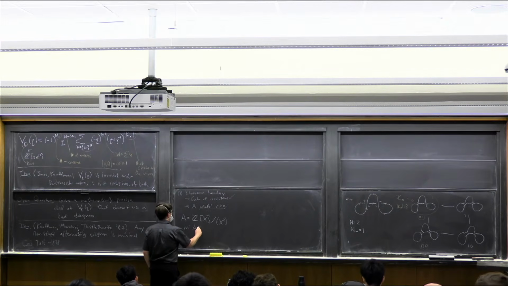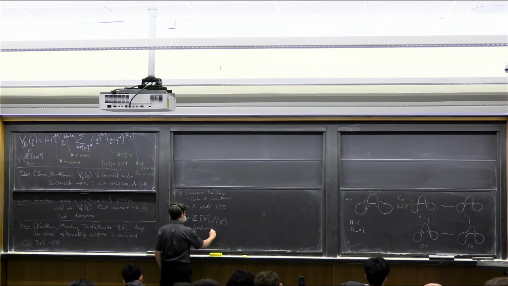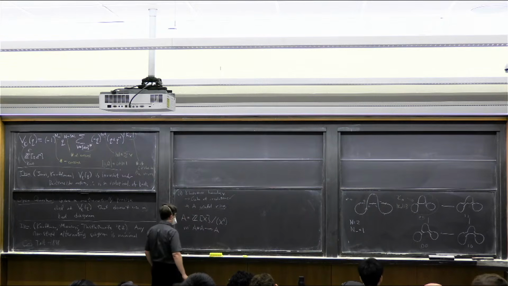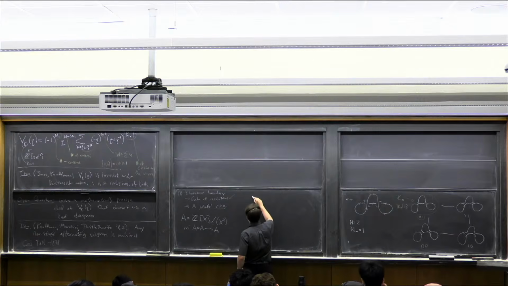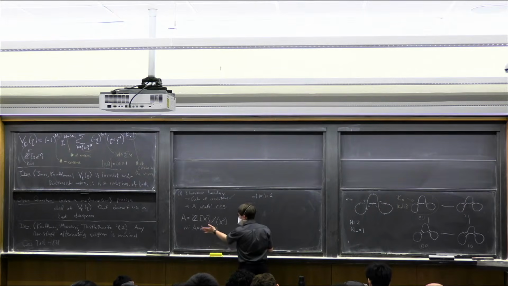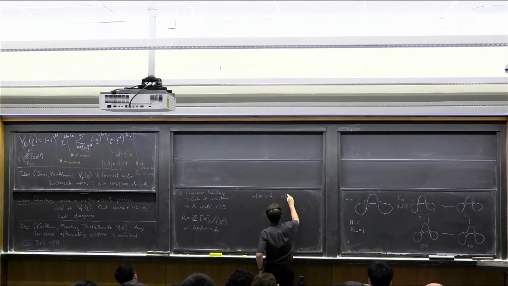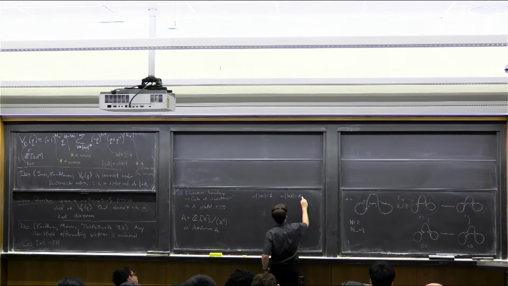It takes a pair of elements of A, and it gives you a new element of A in a bilinear way. So for example, m of 1 and 1 is 1, because if I take 1 times 1, you get 1. m of 1 and X is X, and so on.